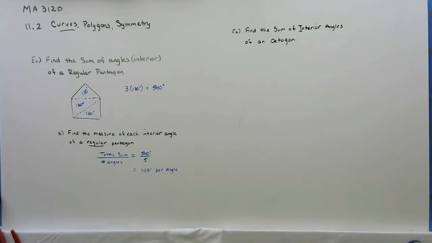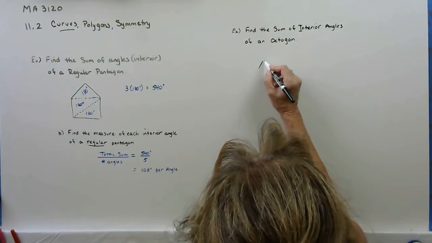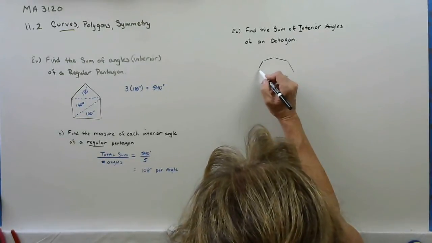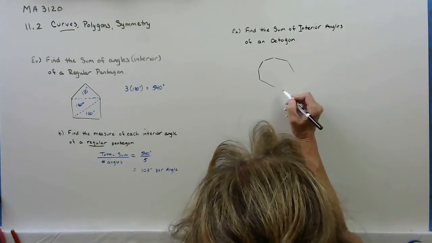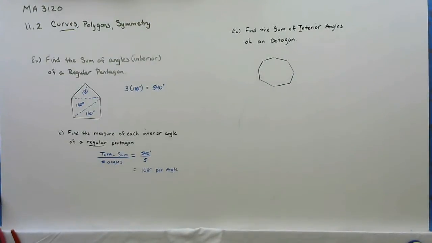So we've got to try to draw an octagon. 1, 2, 3, 4. Okay, let's see. 1, 2, 3, 4, 5, 6, 7, 8. All right, maybe not perfect, but it worked.